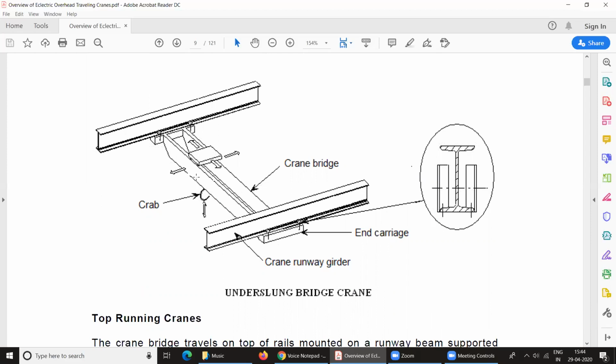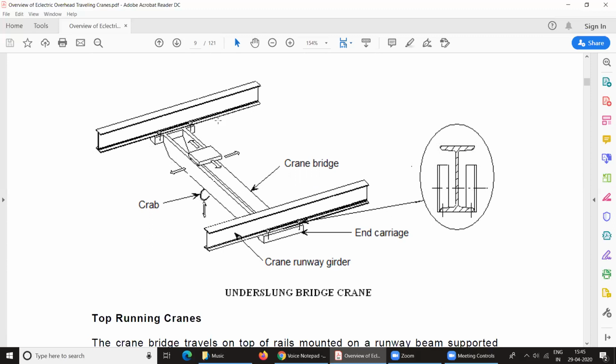Now, overhead cranes essentially consist of one or more hoisting devices mounted on a bridge consisting of one or more horizontal girders, which are supported at each end by trucks riding on elevated runways installed at right angles to the bridge.